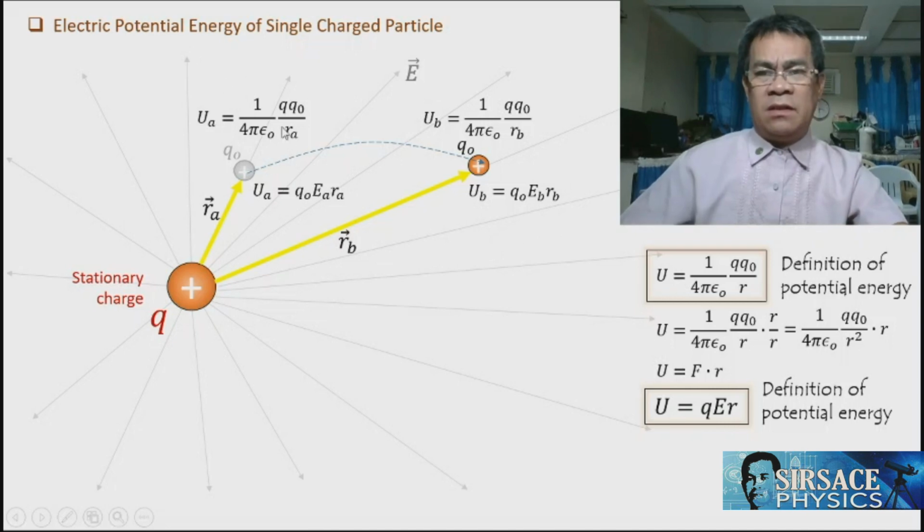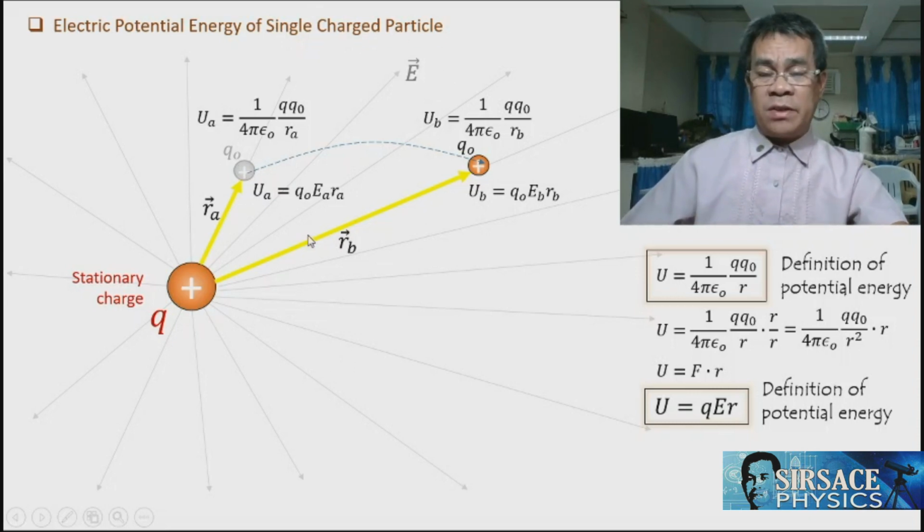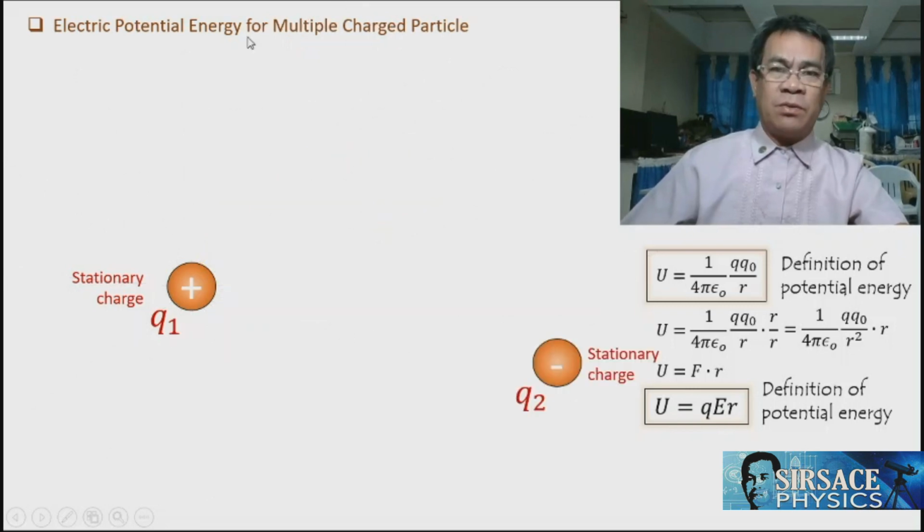These are the ways to calculate the energy at any point. Okay, this is only for a single charged particle. Now what will happen if there are two or more? What will happen if you are asked, what is the electric potential energy of multiple charged particles? Suppose we have two or more, so we call this a multiple charged particle.